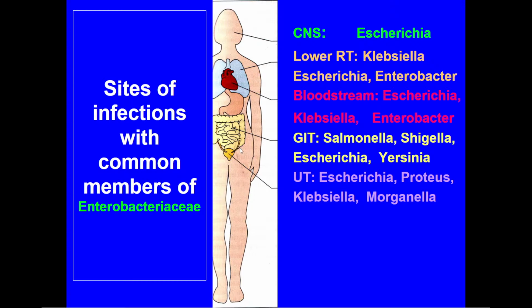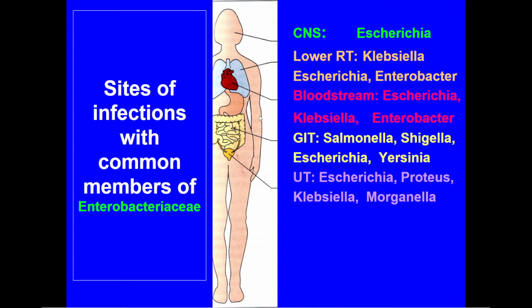It may cause bacteremia when they travel through the bloodstream. Then pulmonary infections can be caused by Klebsiella, Escherichia, sometimes Enterobacter. Then bloodstream infections: Escherichia, Klebsiella, Enterobacter.